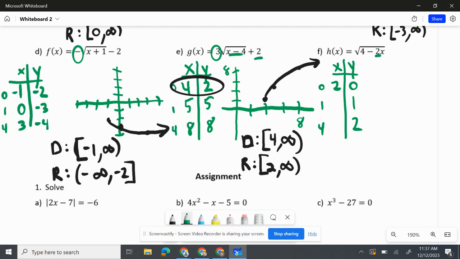And what gives me a 1? If you have a hard time with it, what you can do is you can always set it equal to whatever number you want. Subtract the 4. Divide by negative 2, and you get 1.5. So we have 1.5. What gives me a 4 is a 0.